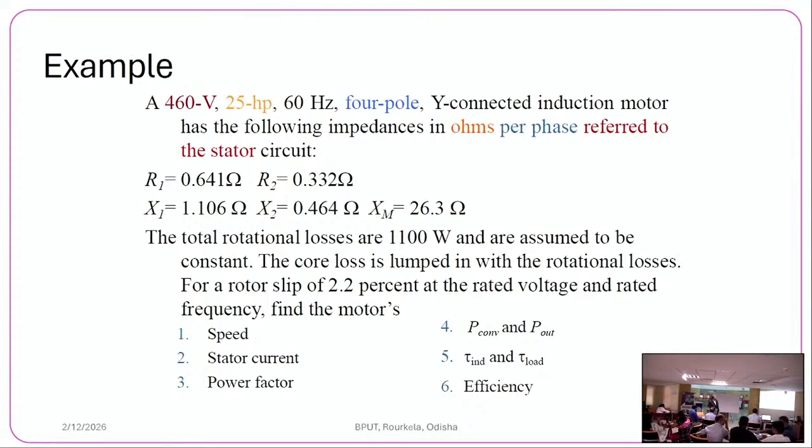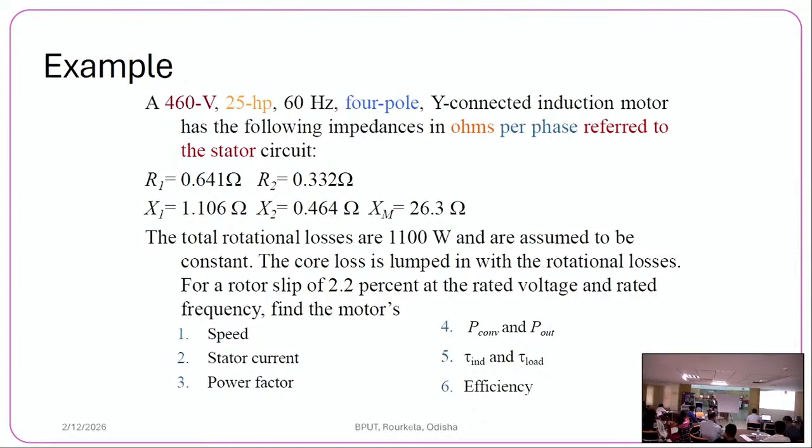Then the stator current. How will you get it? Input voltage divided by the stator resistance plus reactance, and XM is also there. You will use the equivalent circuit to determine the stator current, with the secondary referred to the stator. You have the slip value S 0.022.